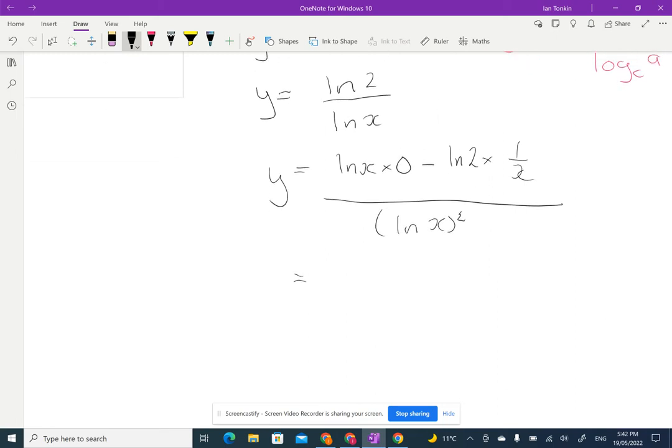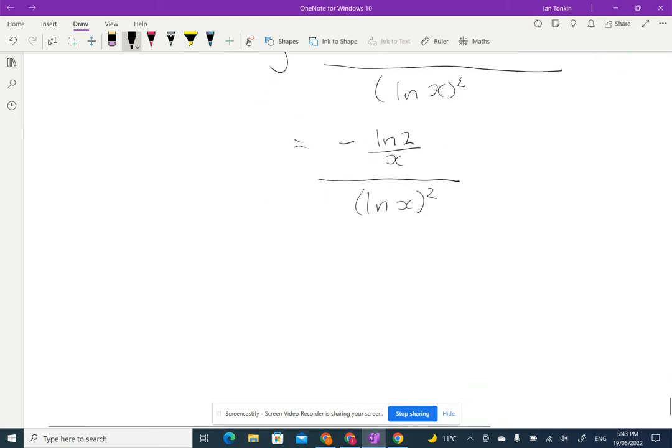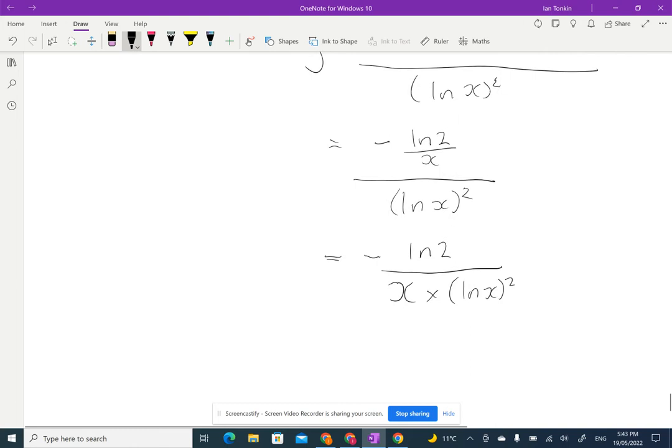And that'll give you negative ln2 over x over ln x all squared. And then when you multiply by the reciprocal, that's just going to be minus ln2 over x times ln x all squared. So that's that one.